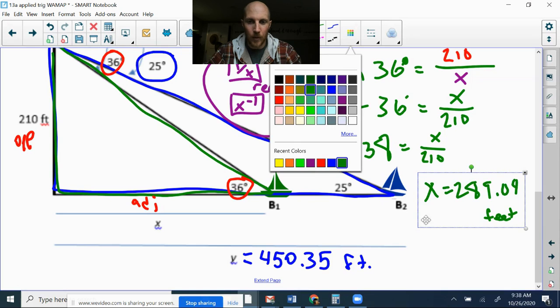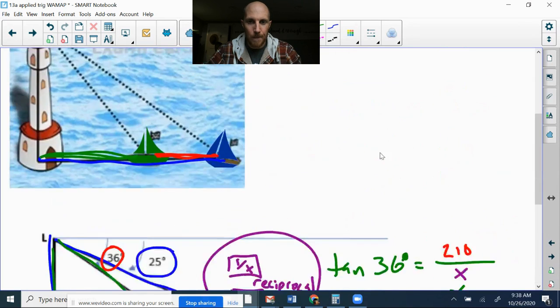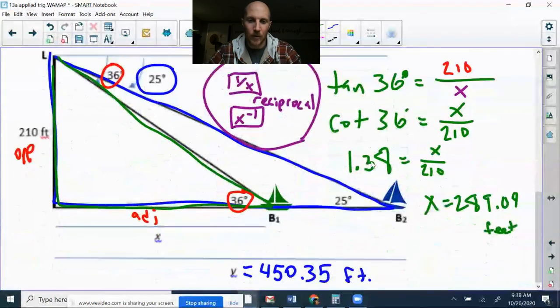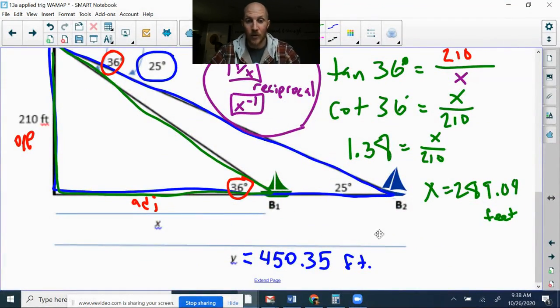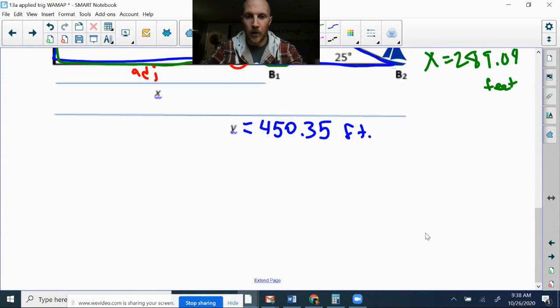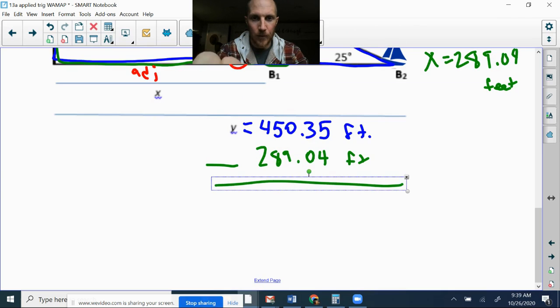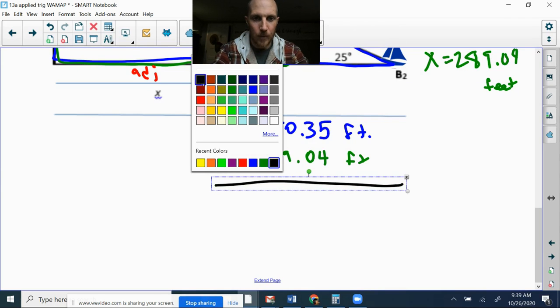So the next step is, since I need to find how far the boat moved, I have two distances. To find the change in distance, I'm going to have to subtract. So I already have my 450.35 written down here, and 289.04, and then subtract. I'd like that to be a different color so we don't stop.